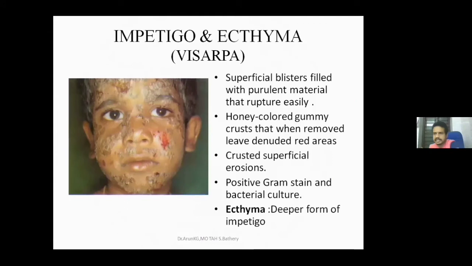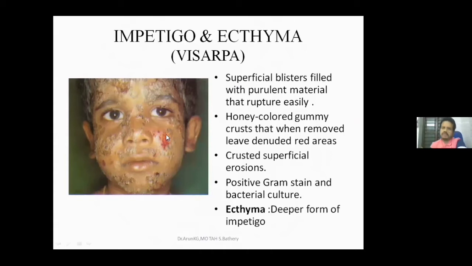Then impetigo or ecthyma, which is very common in our OPDs during summer. It can be considered under VISARPA. Here there will be superficial blisters filled with purulent material, a honey-colored gummy crust, and some erosion.